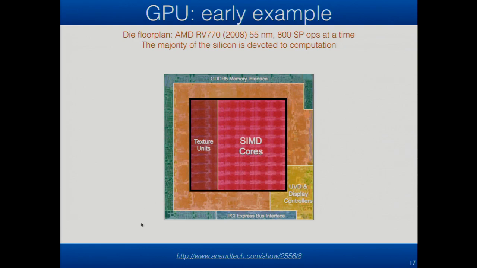So if you look at an early CPU, you can see in this actual die shot, I think it's color-coded, in this picture, these are the graduate students. These are all the floating point units doing the work.